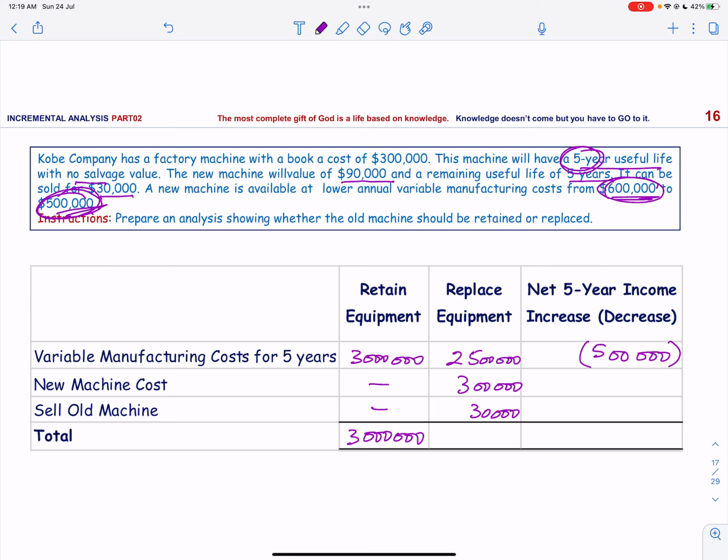Our new machine will increase our cost by 300,000, and when we are selling, obviously it is going to decrease our cost by 30,000.